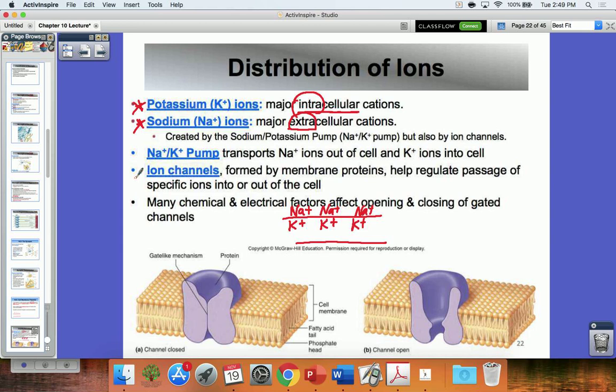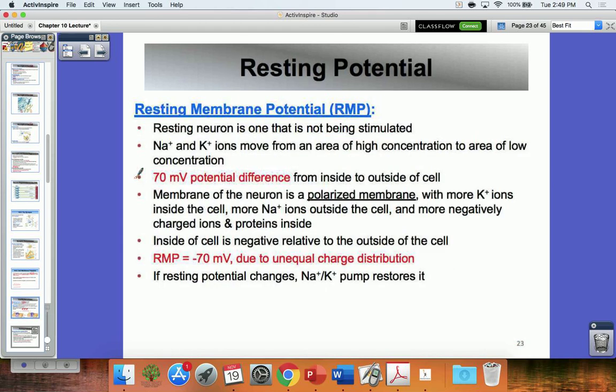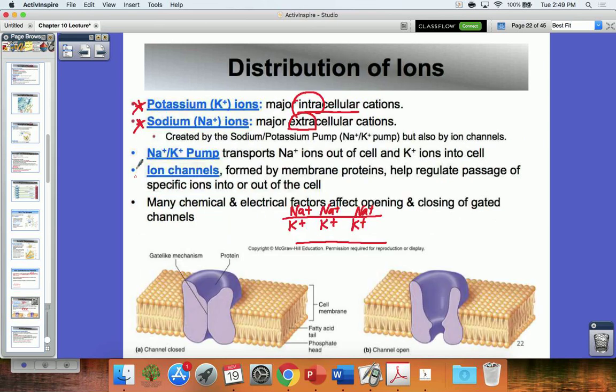I think this is going to come up also on the next slide. Maybe not. But in addition to sodium and potassium, we have specific ions that can go in and out. And so overall, it's more negative, again, on the inside of the cell in respect to the outside of the cell. Okay?